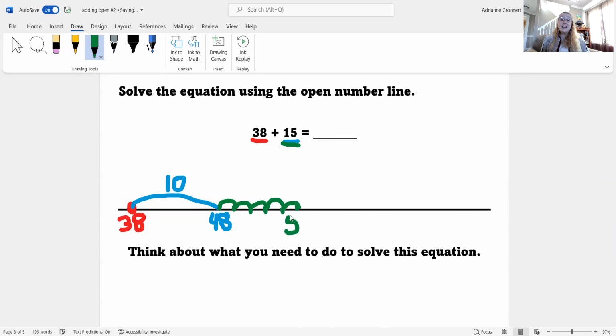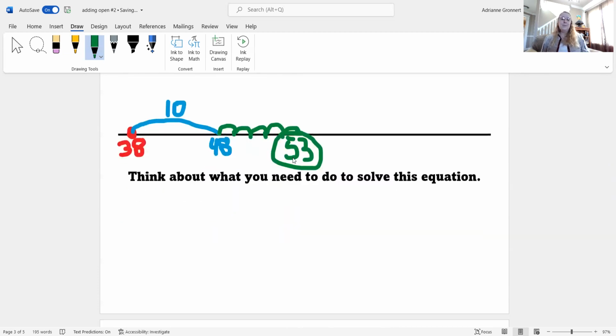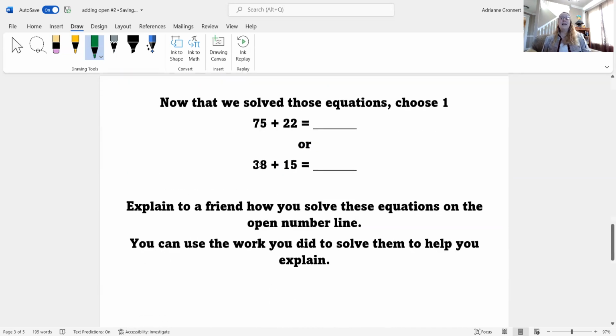I just landed on the number 53. So I know that 38 plus 15 equals 53. Very cool. Okay, now that we solved those two equations, I want you to choose one of the equations.